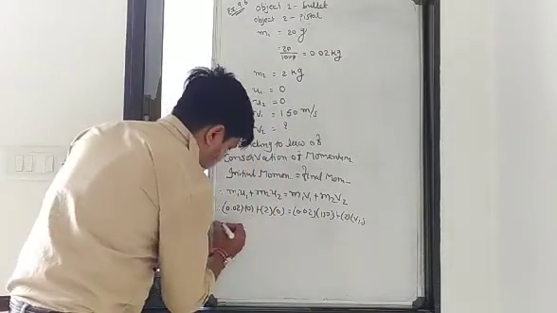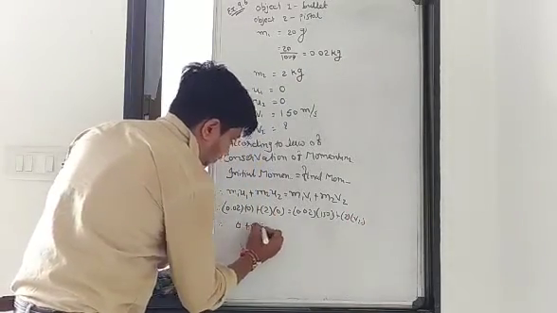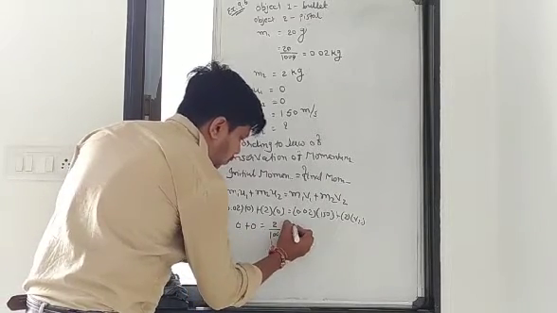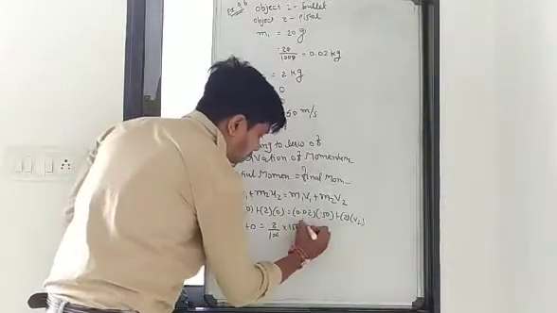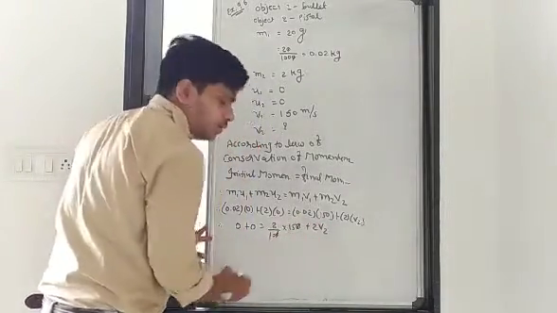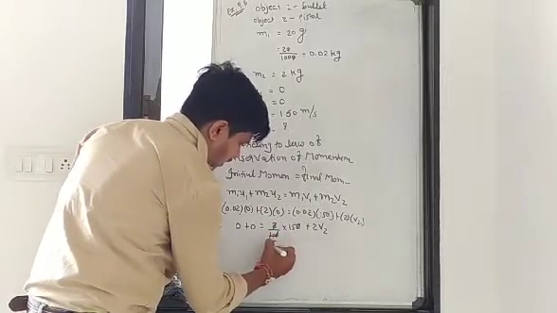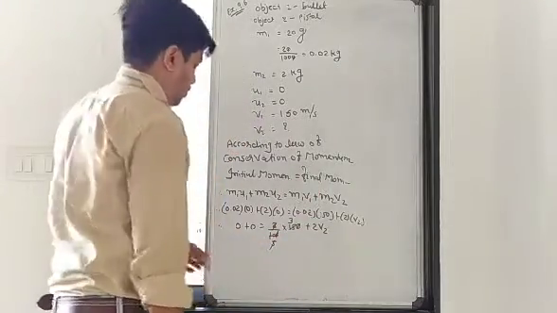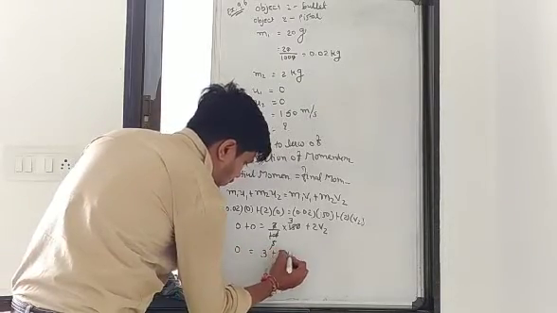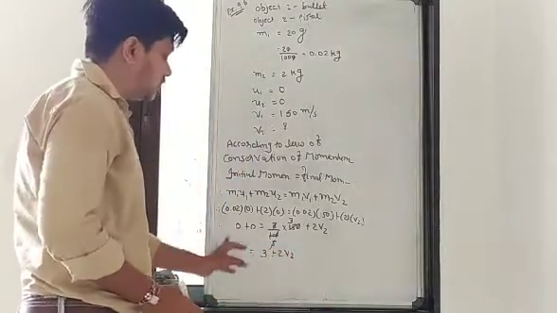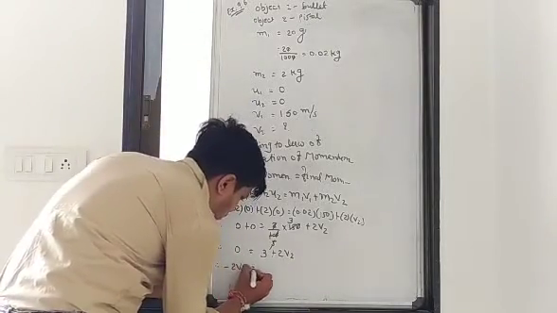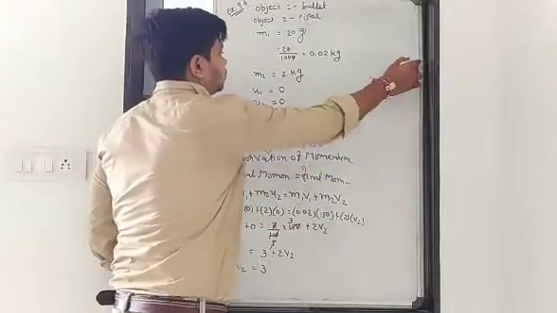So this becomes 0 plus 0 is equal to 2 by 100 into 150 plus 2v2. This 0 I cancel out. 5 is a 10 and 5 is a 50. So 0 plus 0 is 0, equal to 3 plus 2v2. Take this 2v2 to the other side, it becomes minus. So it is minus 2v2 is equal to 3.